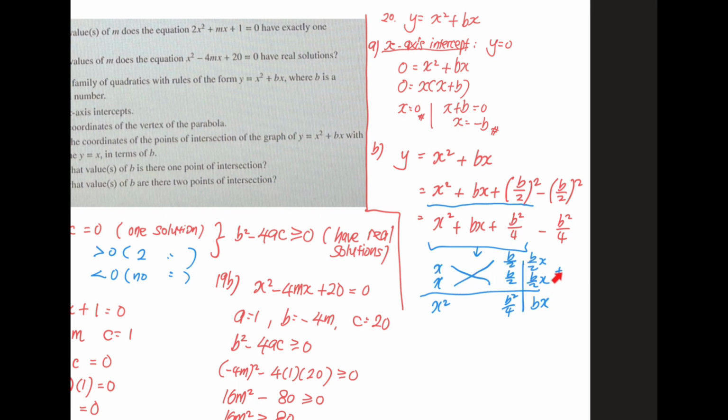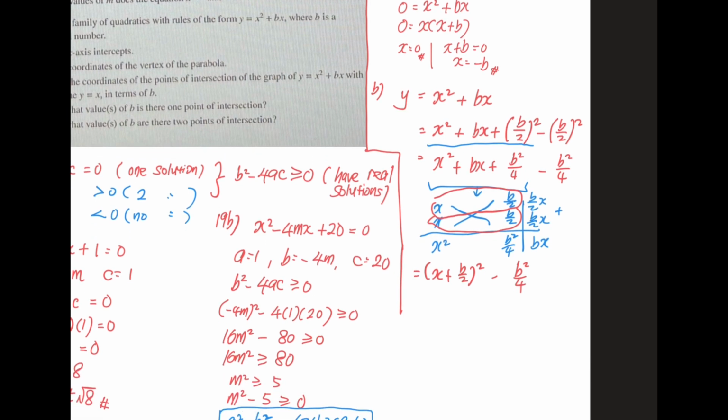Cross and get the product, and add up the products, you get bx, which must be this one. So if that works, that means our factors are going to be this and this. So we write them down: x plus b over 2 squared. That means the first three terms have been factorized to two same factors, and then the last term here we just write back, minus b squared over 4.